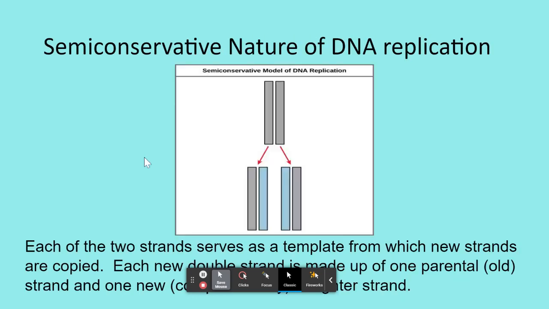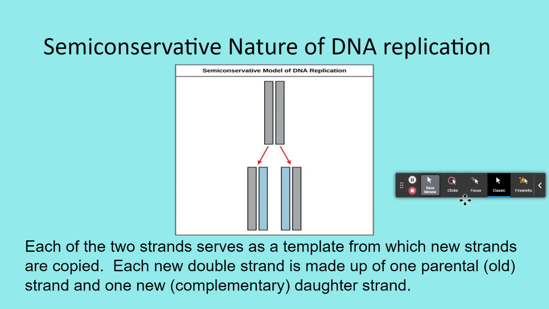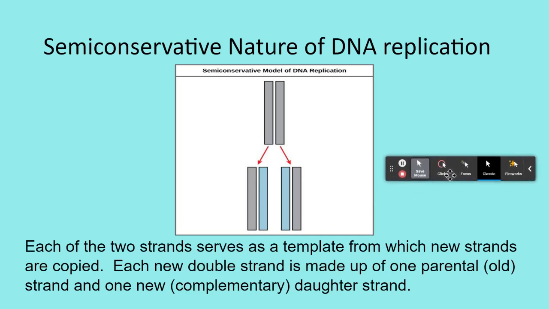The semi-conservative nature, again, we already talked about: with each new full double helix, the parental strand and the complementary strand, part of that had to come from the parent DNA, and the other is the complementary strand made by DNA polymerase.